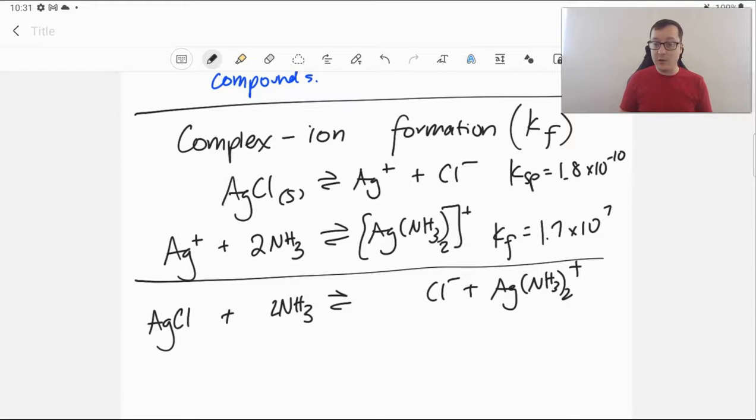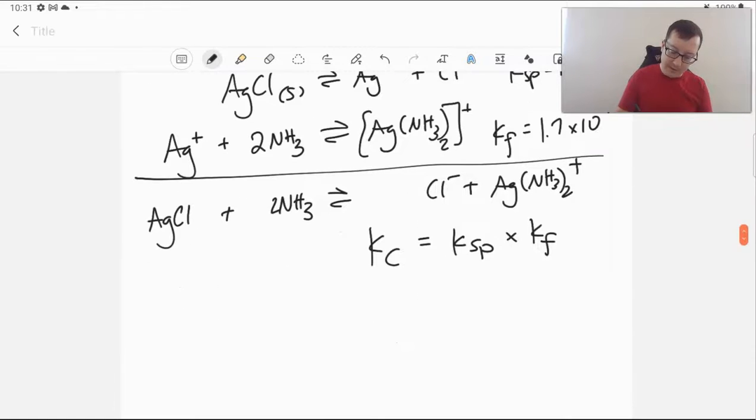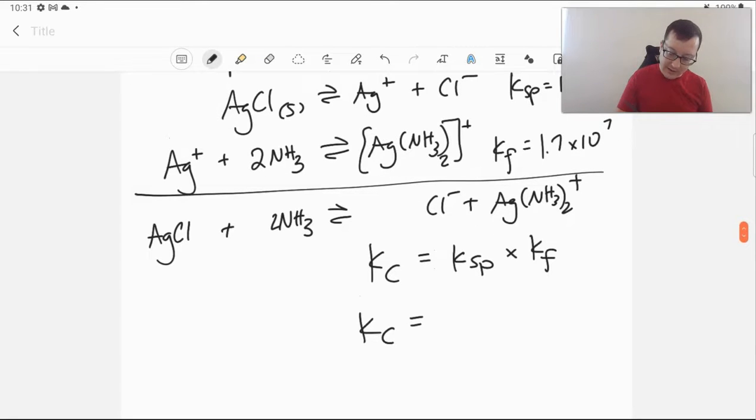And as we know, the equilibrium constant Kc here would be equal to Ksp times Kf, right? If we add chemical equations together, we multiply their equilibrium constants together.